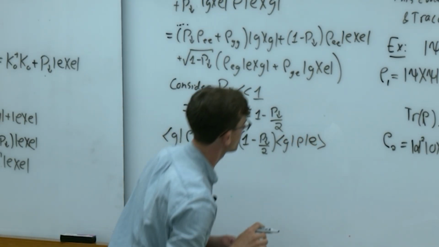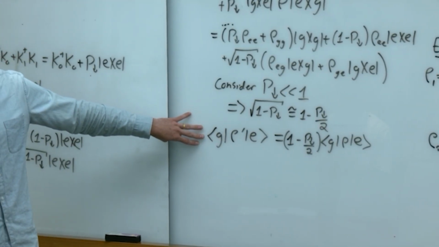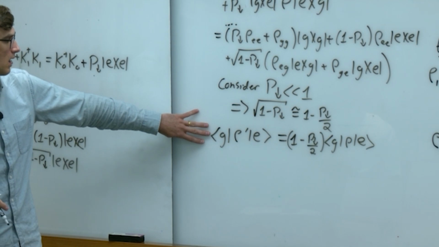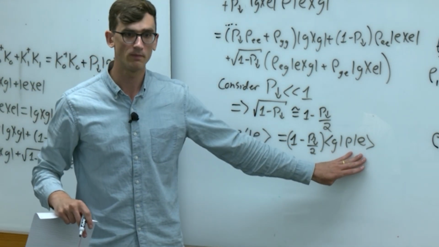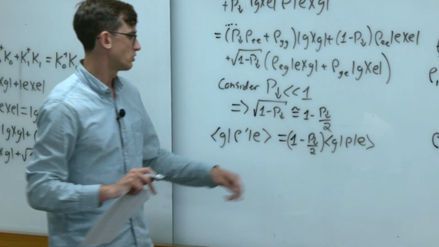So I'm comparing the entry in my density matrix that's the coherence entry. I'm comparing that at this later time, t plus delta t, to the original time. And we see that it's gone down by a factor of 1 minus p down over 2.